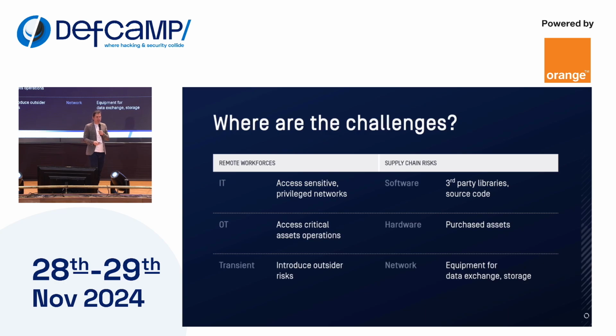In the OT space, the challenges are somehow similar, but it's a bit more nuanced. You still need to give access to remote people into the network, but the equipment they need access to, you know, it's a lot more important than a database server in the IT network, for example, right?